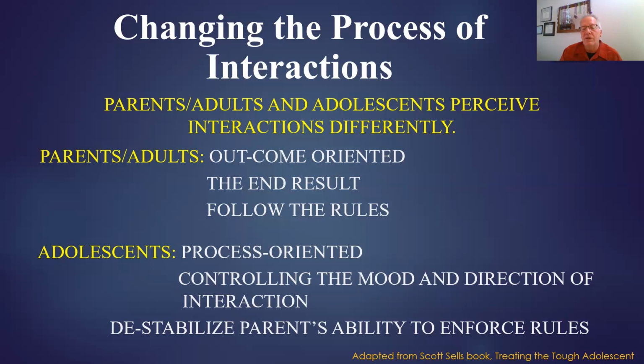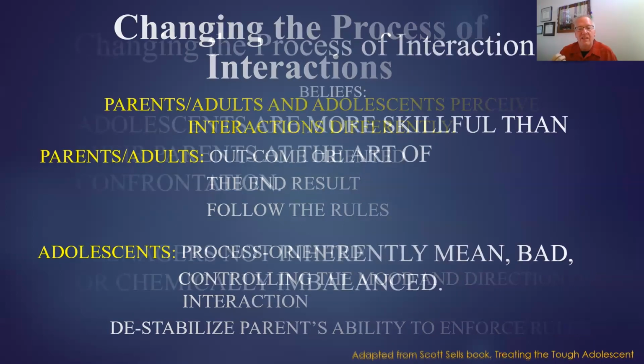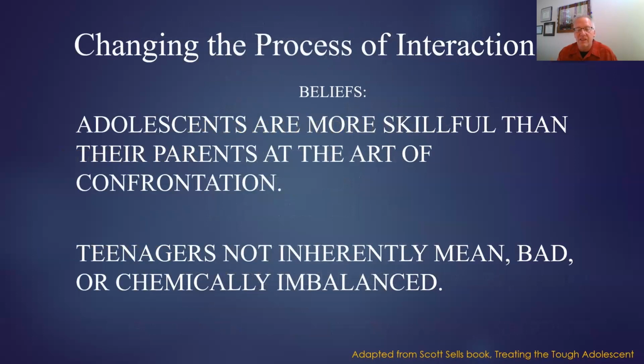But what we want to point out is Jennifer in no way was acting in an evil way. Jennifer is being herself. She's being a teenager. She is living in an emotional world where she's paying attention to fairness, respect, and things like that.